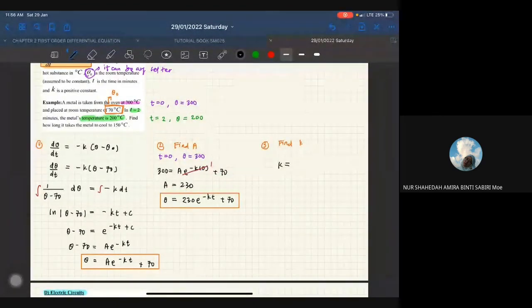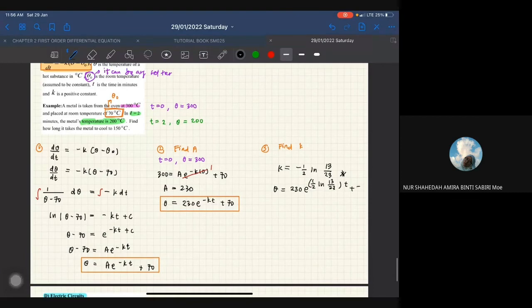Okay, awak try. So supposedly you will get K equal to our answer. Kejap saya tengok jawapan. Negative 1 over 2 ln 13 over 23. This is your K. Okay, so that your formula is theta equal to 230 E negative K, okay, jadi positif, 1/2 ln 13/23 T plus 70.